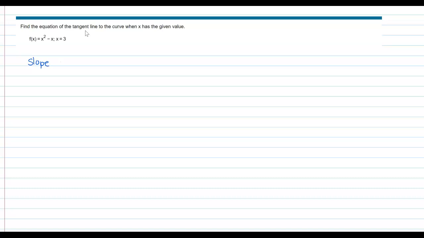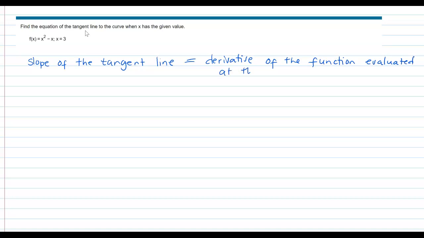So the slope of the tangent line is just the derivative of the function evaluated at the given value of x.